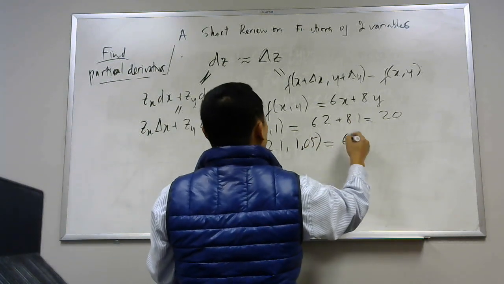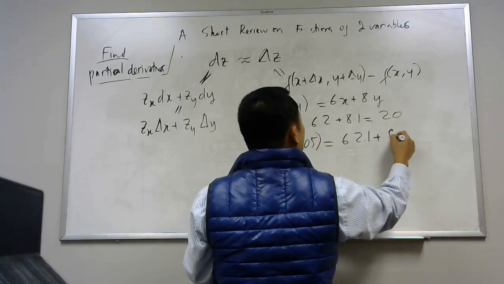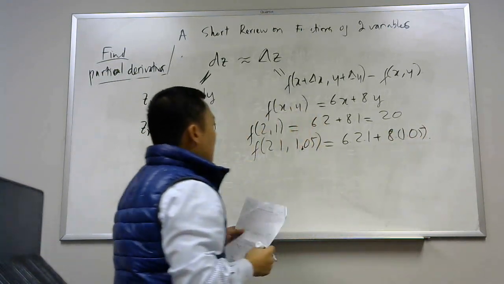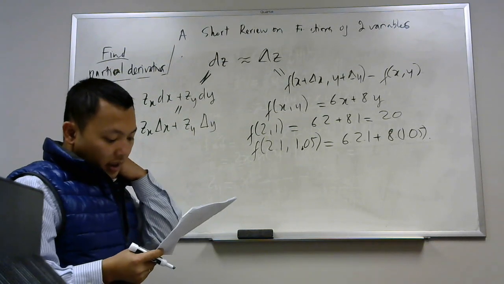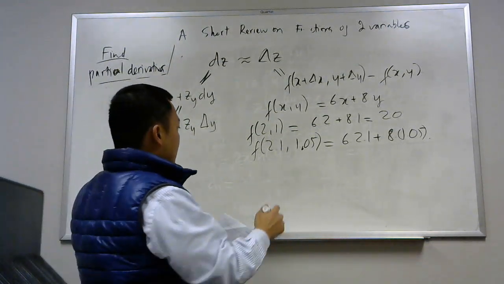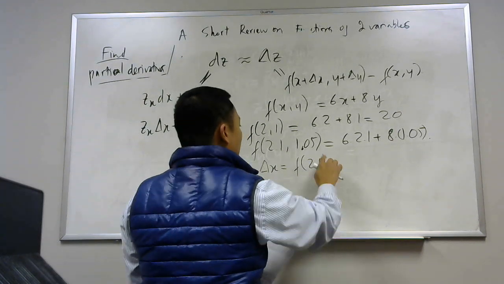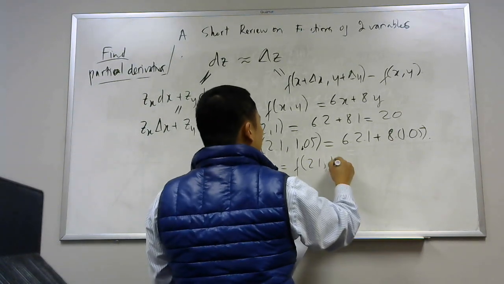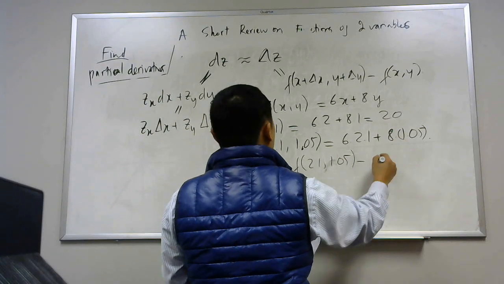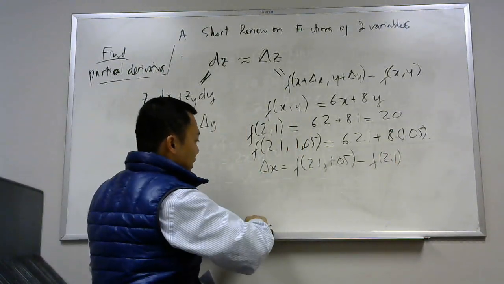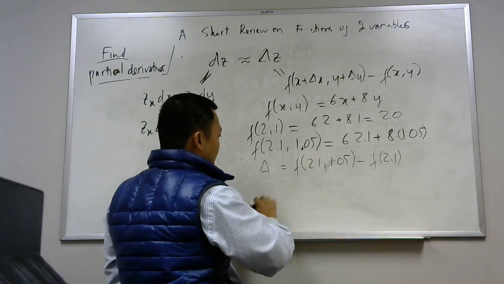So that is 6 times 2.1 plus a times 1.5. And then you take the difference. Delta z is equal to f of 2.1 and 1.05 minus f of 2, 1. So that's how we can find delta z.